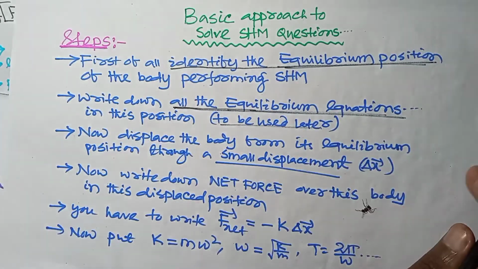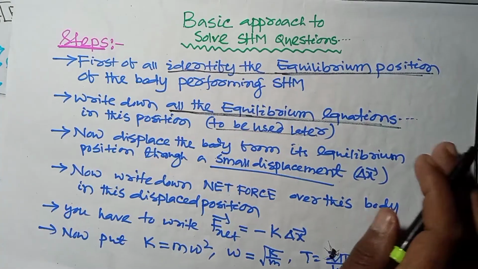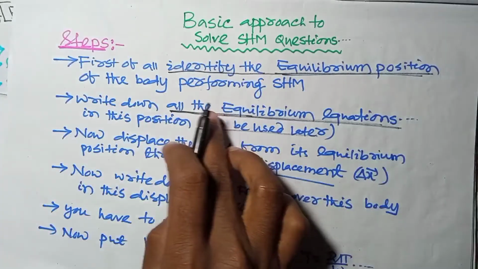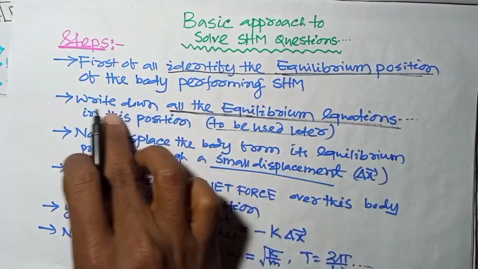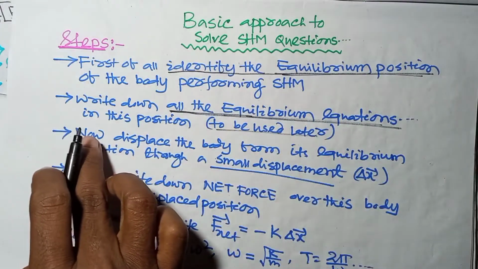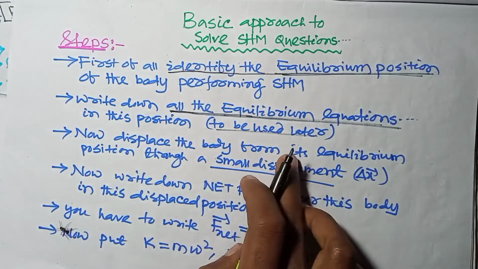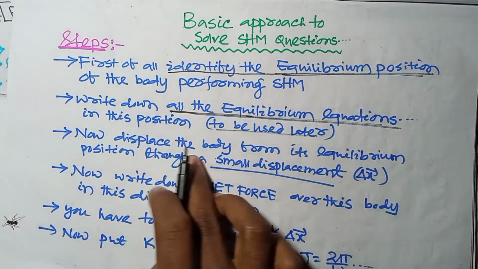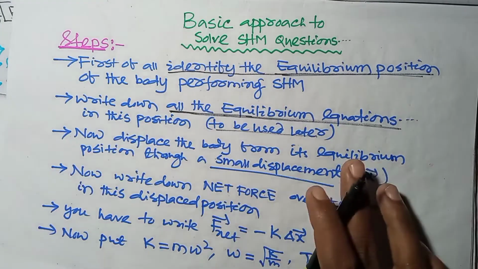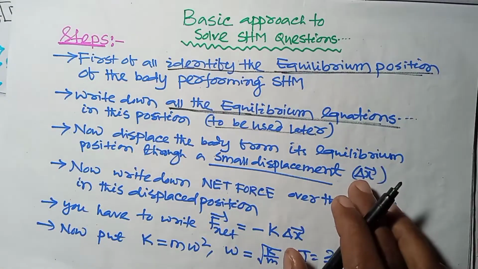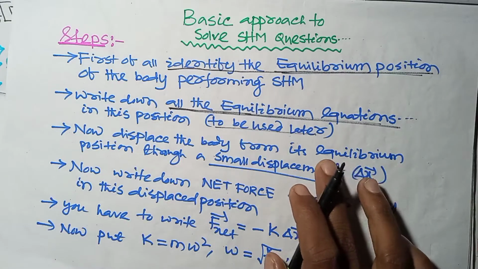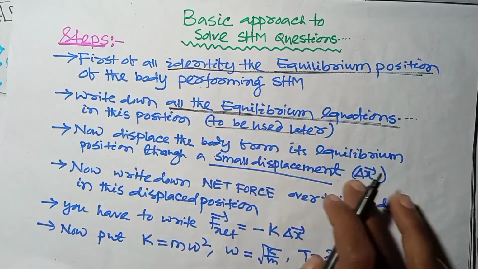So in the first step we find the equilibrium position, then we write down all the equilibrium equations in this position. Now we have to displace the body from its equilibrium position through a small displacement delta x. This is the third step.